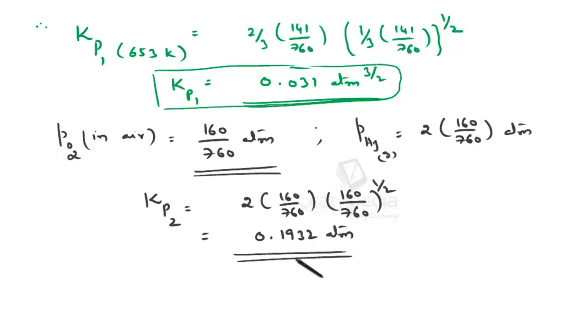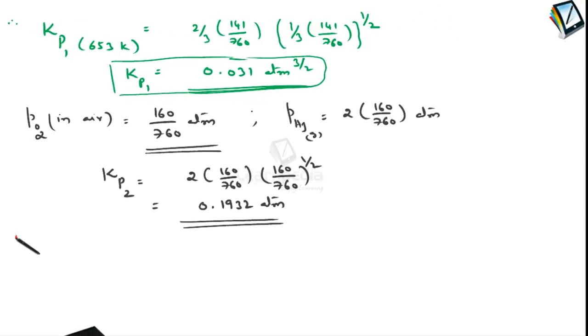Now why are this Kp1 and Kp2 different? Because the temperature will be different now. So how are this Kp1, Kp2, T1 given and T2 related? How the equilibrium constant changes with the change in temperature is the basic point involved in the question. So we have an equation: log of Kp2 by Kp1, equilibrium constant in terms of partial pressures at two different temperatures, is given by delta H by 2.303 R, molar gas constant, into (T2 minus T1) by T1 T2.